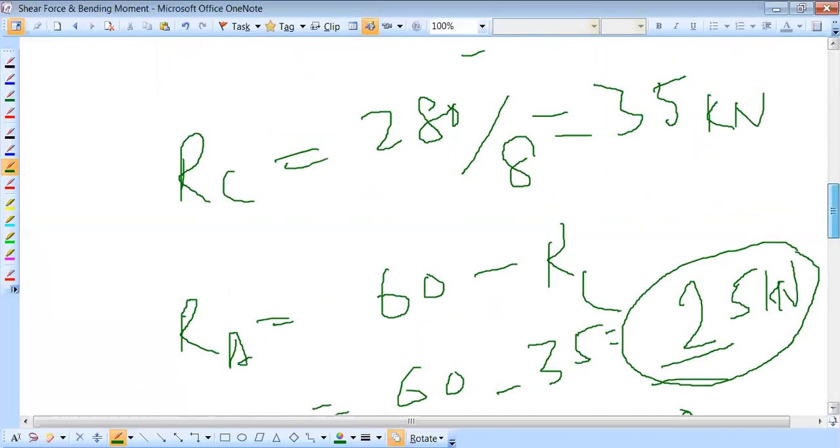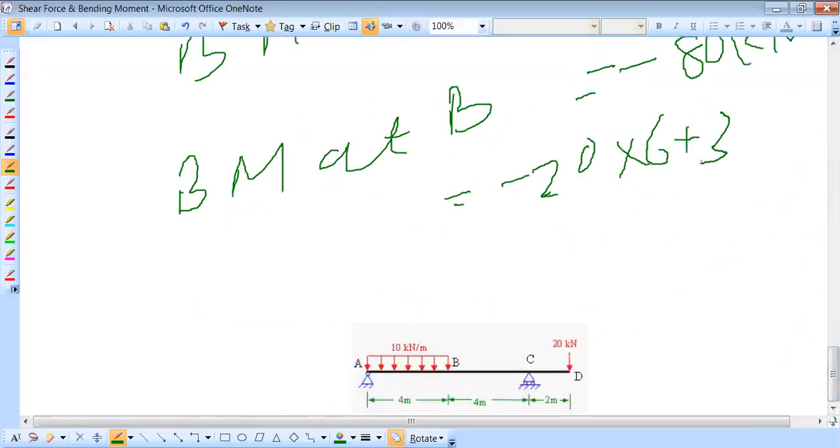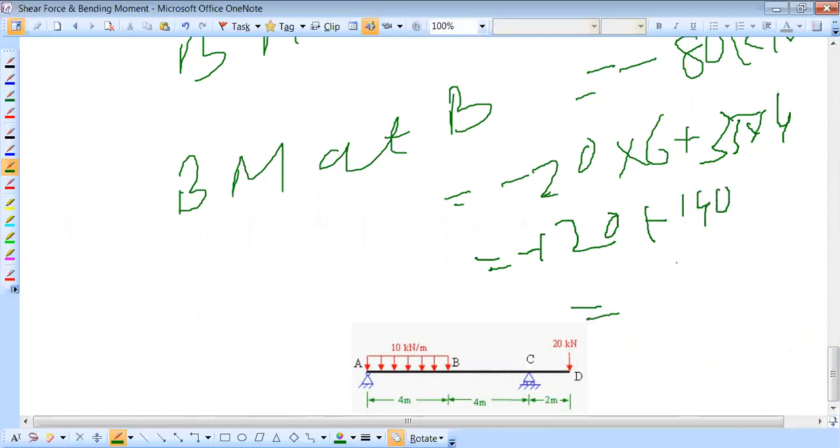RC is equal to 35, upward direction, into 4. We are just calculating minus 120 plus 35 into 4, which is 140. That means positive 20.